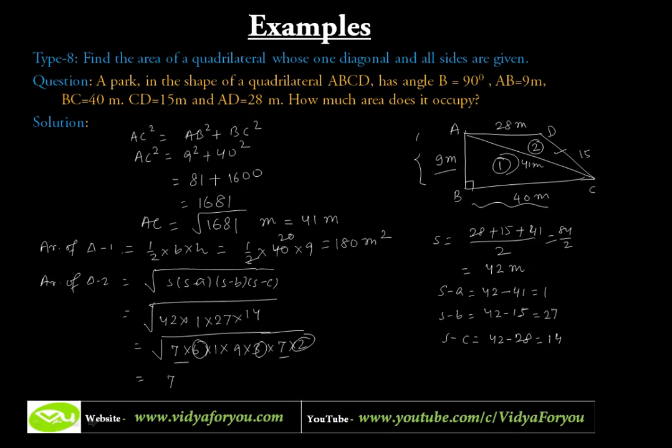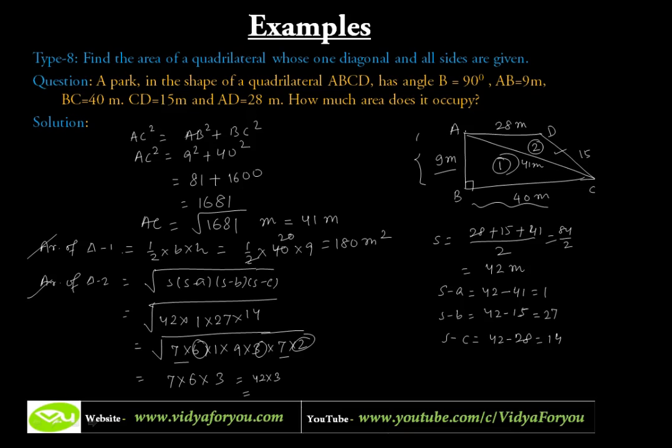So answer will be 7 into 6 into 3. So this is the area. So we got area of this triangle, we got area of this triangle. Now add it up. So this will come as 42 into 3.